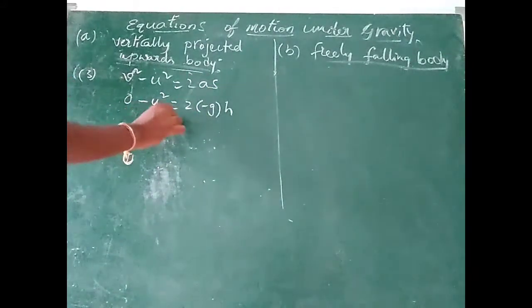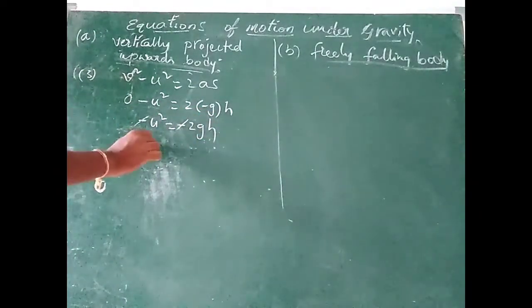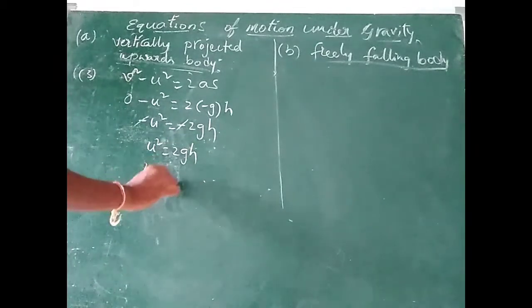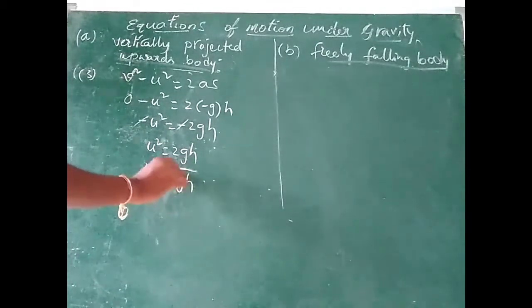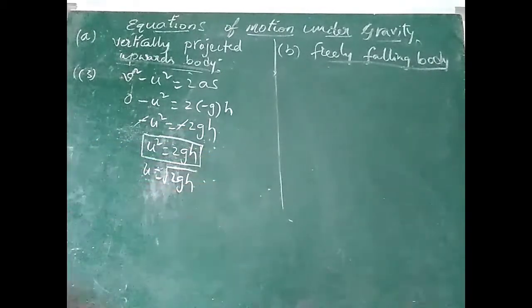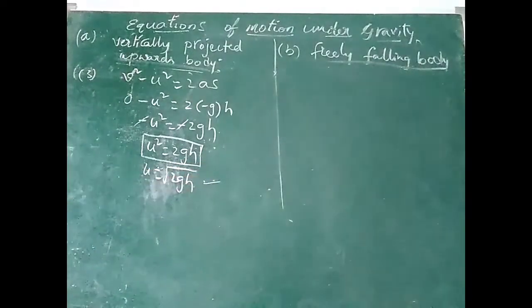So minus u square is equal to minus 2gh, the minuses get cancelled, u square is equal to 2gh, u is equal to square root of 2gh. This equation we already proved in the second equation.